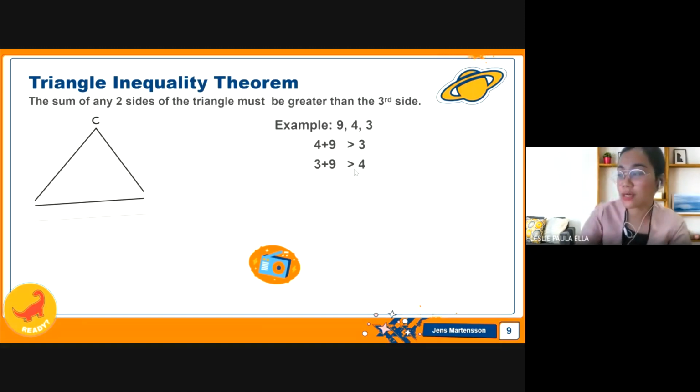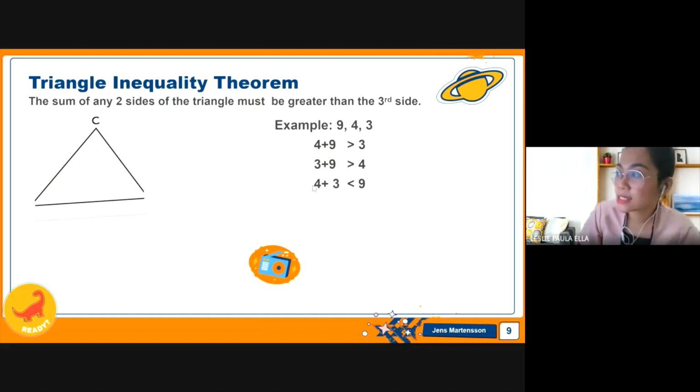So it is correct. But if we have 4 plus 3, the answer is 7, and this does not satisfy the given statement. Why do you think so? Why does 4 plus 3 not satisfy the given statement?